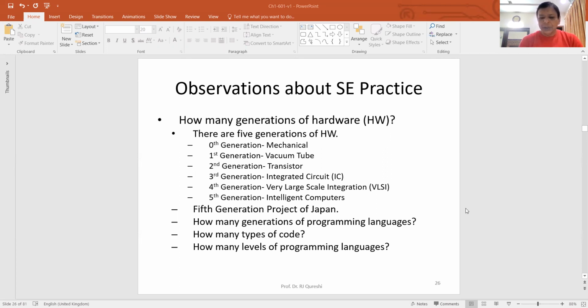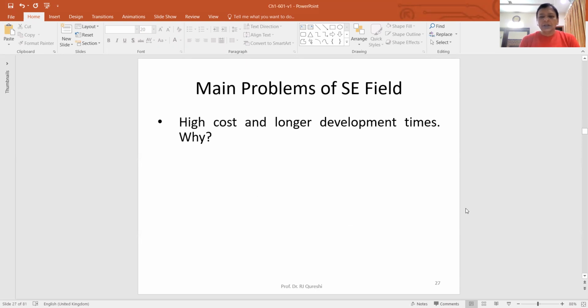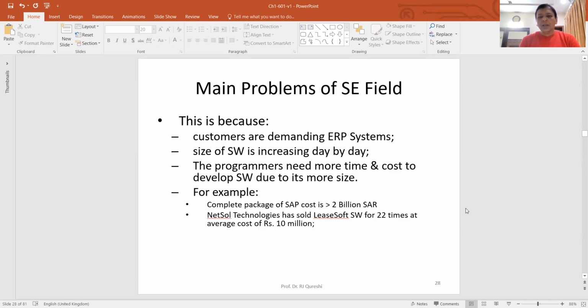The topic of today's lecture is the main problems of software engineering field. The main problem the software industry is facing, the cost and the time of development are increasing day by day. Why? This is the common problem because customers are demanding ERP systems.